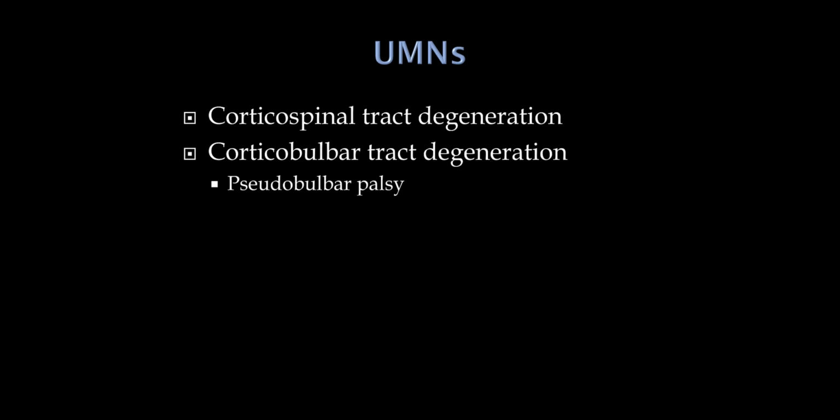When it's corticobulbar tract degeneration, we call this a pseudobulbar palsy. The bulb sometimes refers to the brainstem, or often neurologists will use it to refer to the medulla. So the lesion is not really in the bulb, it's in the pathway that is supplying the bulb.